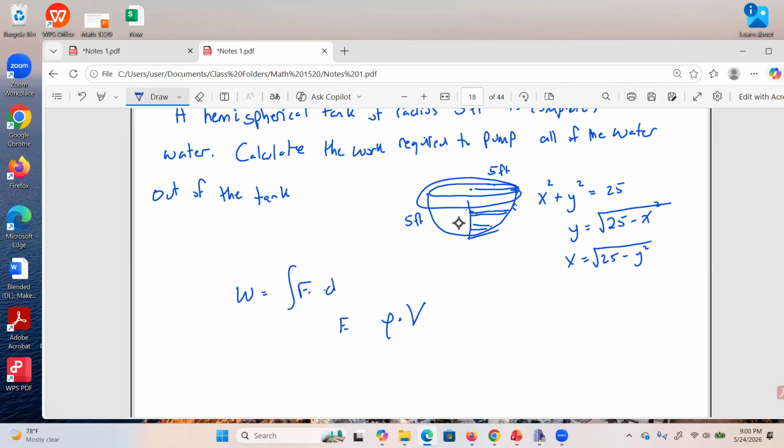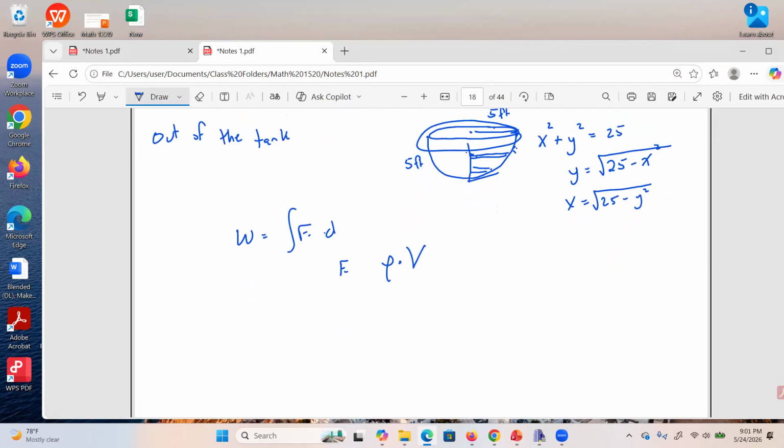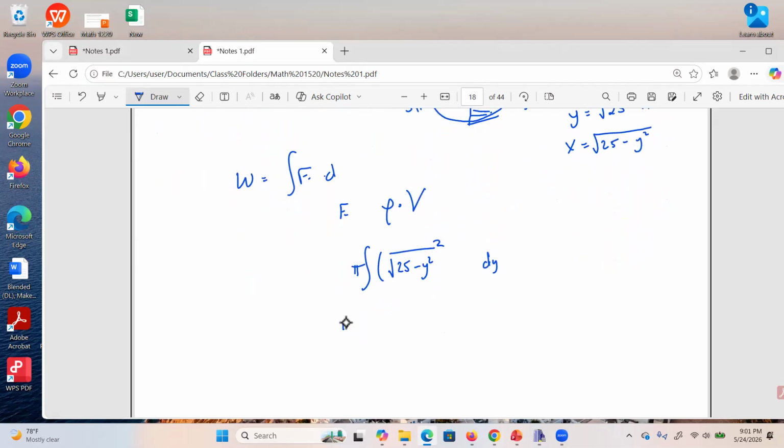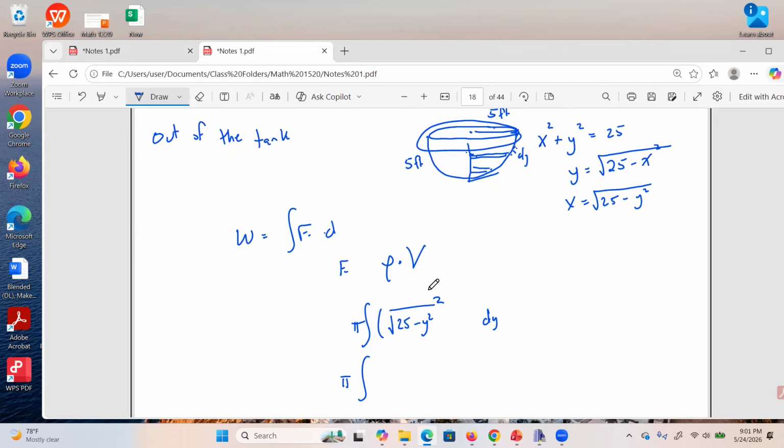We say x equals the square root of 25 minus y squared times dy. We're rotating this thing here, so we have pi times the square root of 25 minus y squared, squared, using the method of shells, with a little dy as we rotate it around. We've got that little piece here, and this is going to go from -5 to 0.